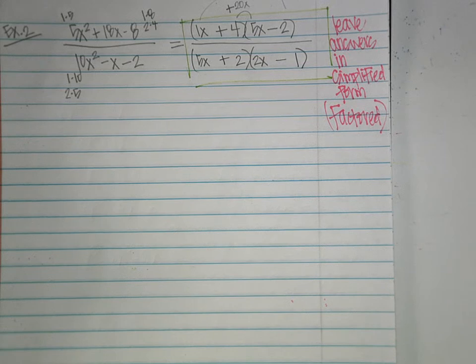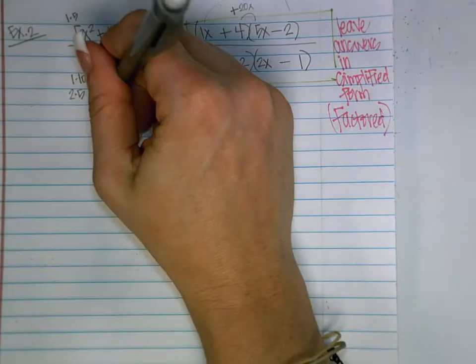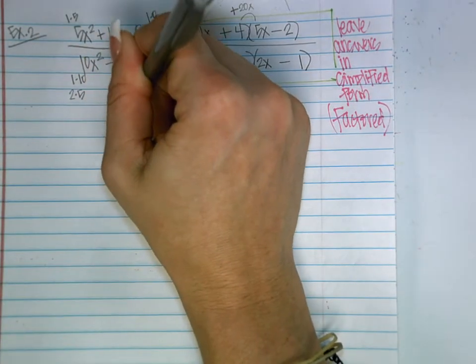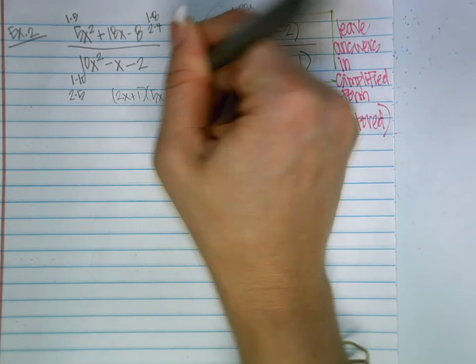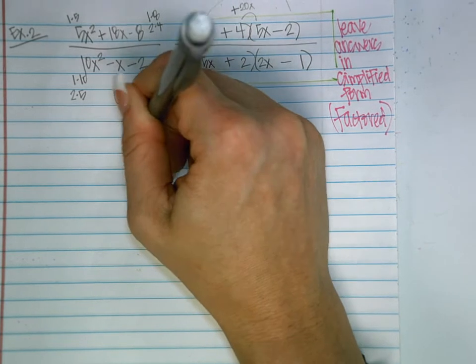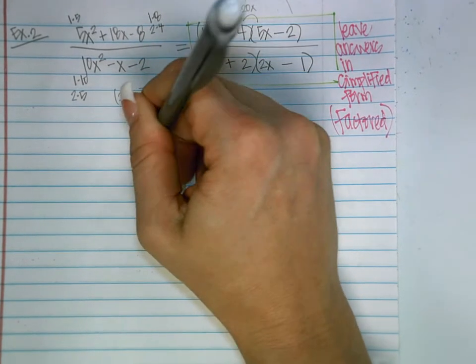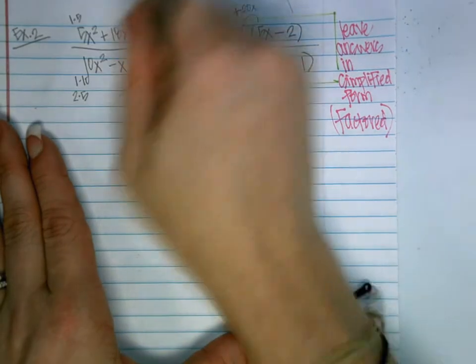Can you explain that? How did you have it factored? I put 2x plus 1, 5x minus 2. Okay, that doesn't work, because if you multiply these together, you'd get a positive 5x and a negative 4x. So you'd get an overall positive 1x. That's why. So you just have the signs backwards.